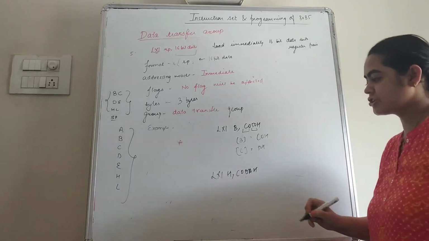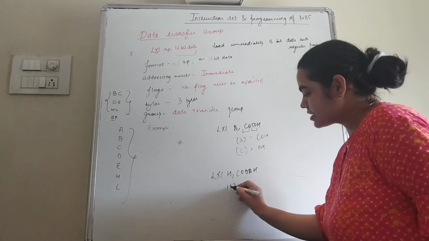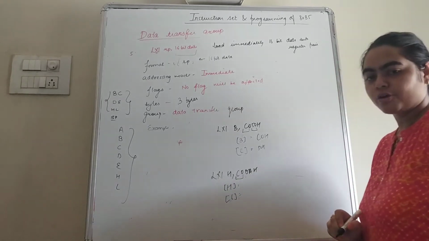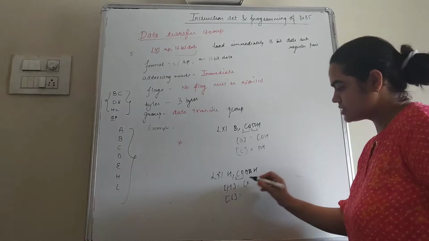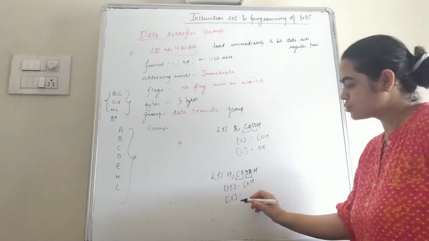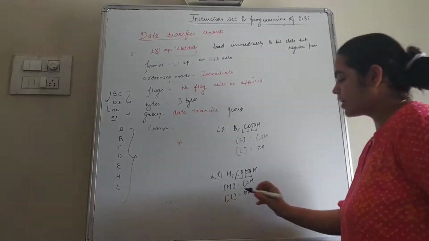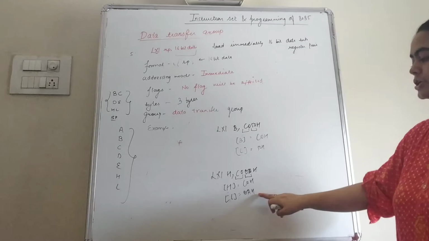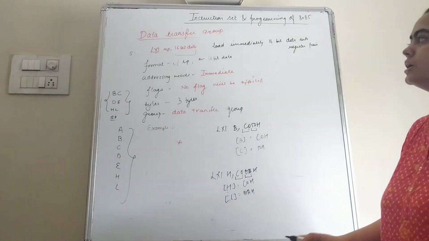So this instruction means we have H register and second register we have L. So higher order byte of this address goes to the H register and the lower order byte of this address goes to the L register. So the new value of H is C0H and L corresponds to 0AH.